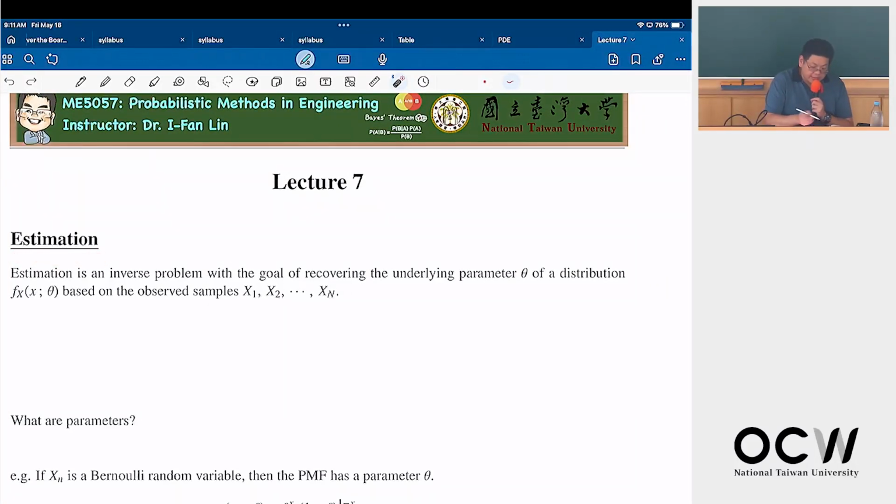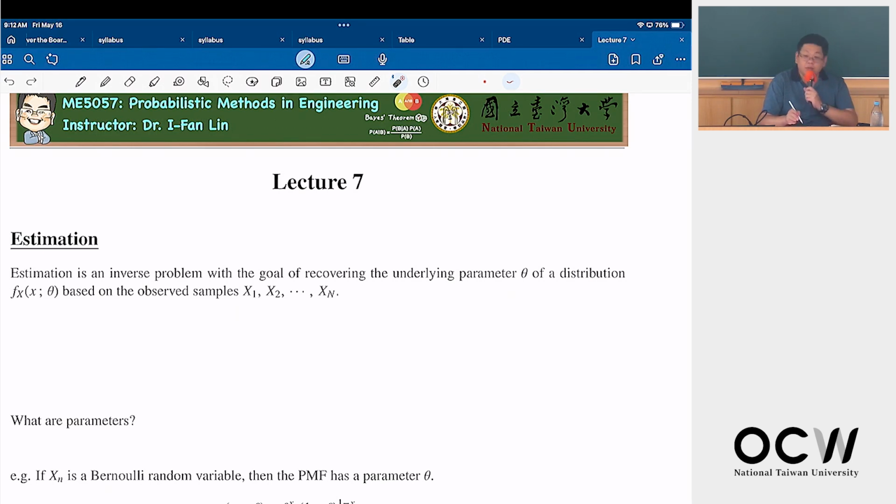Estimation is actually an inverse problem: recovering, or finding out, the parameter of a distribution based on the samples. Based on those samples, we need to estimate the parameter.